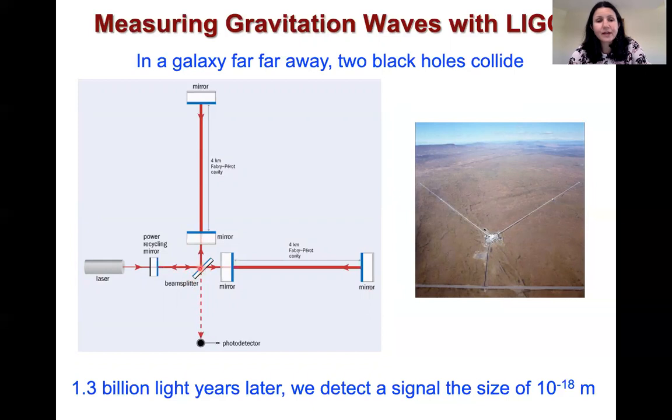One half travels down this path, and that path is 4 kilometers long. The other one goes straight, also 4 kilometers. You can see these two arms in this aerial picture; they're about 4 kilometers each. There are mirrors at the end of these 4 kilometers.